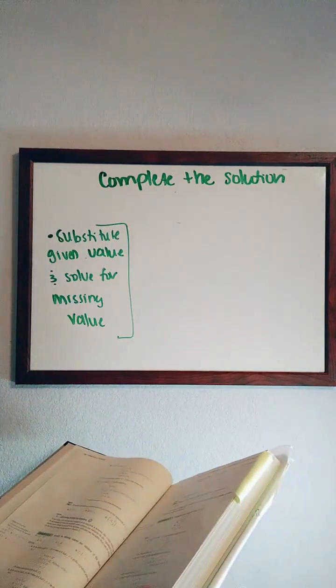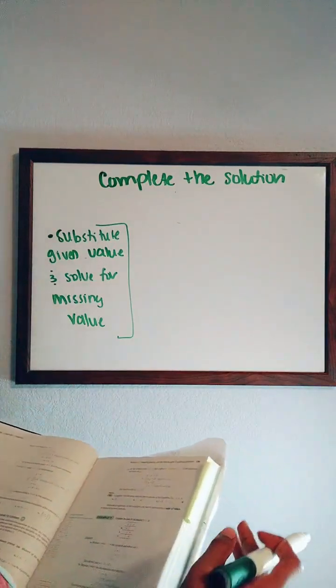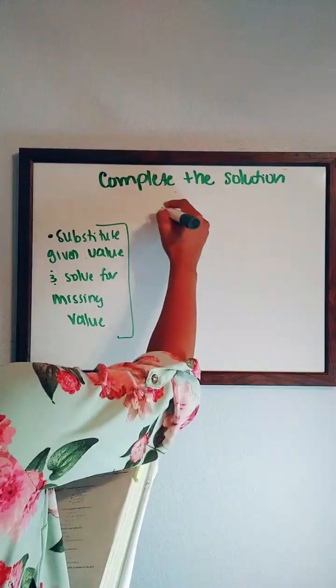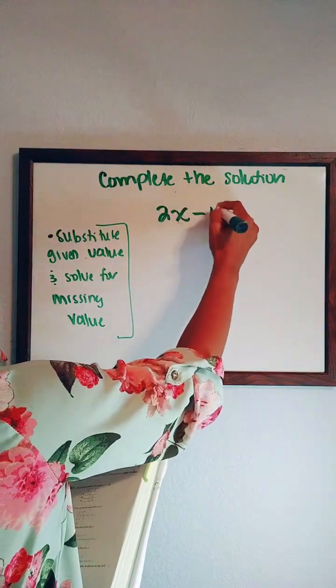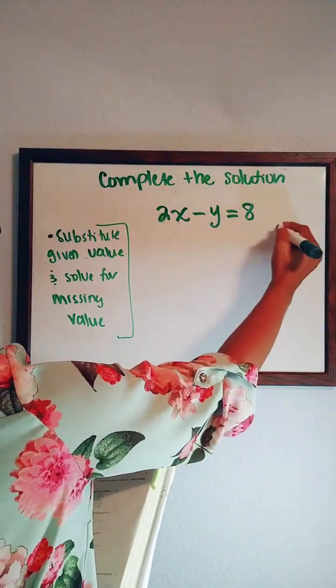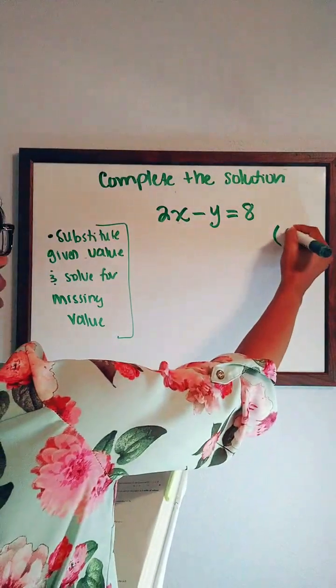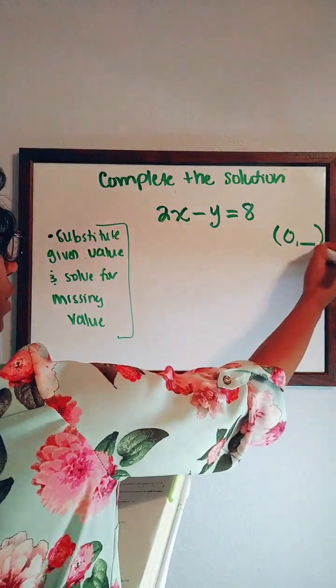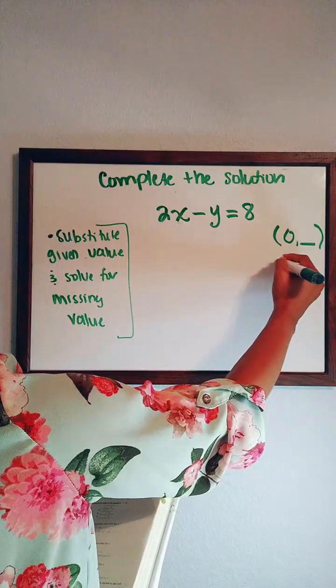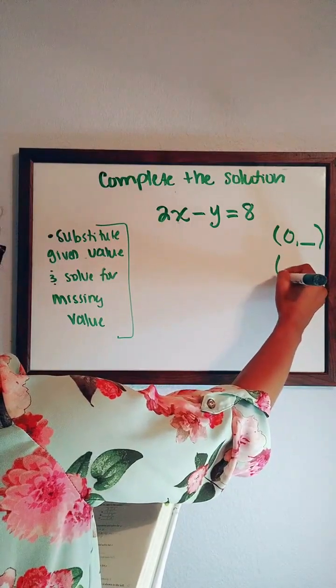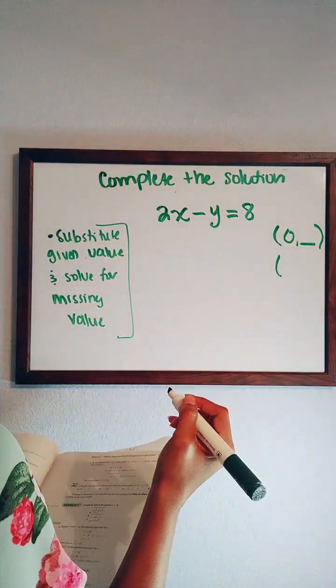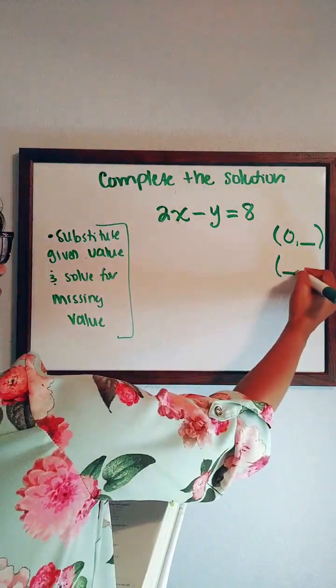All right, so we have 2x minus y is equal to 8. And I need you all to find the y value here. The x value here.